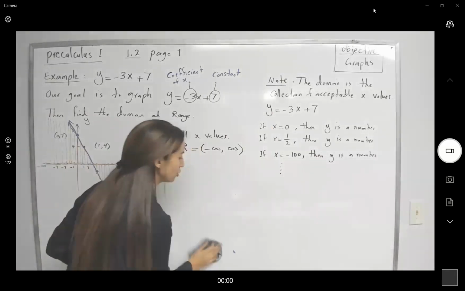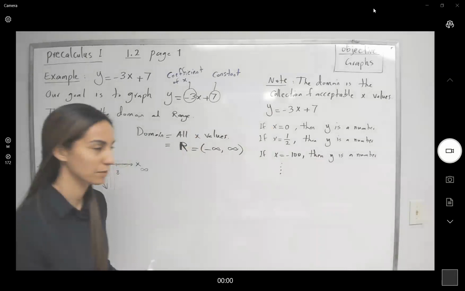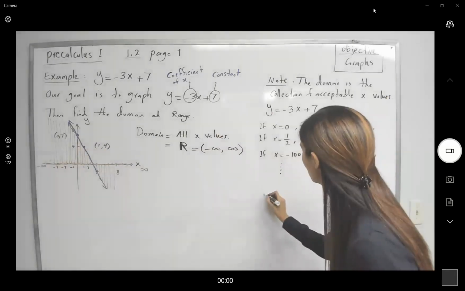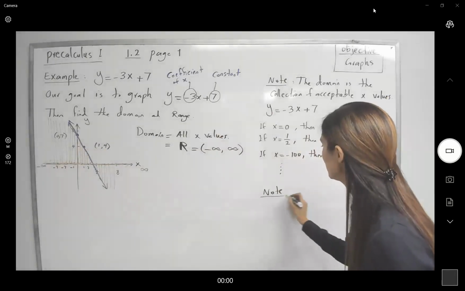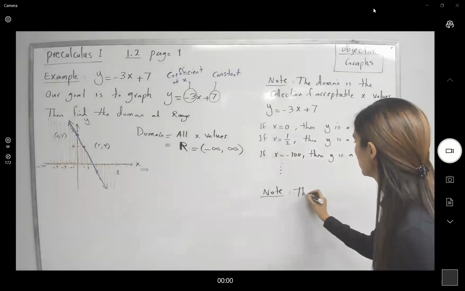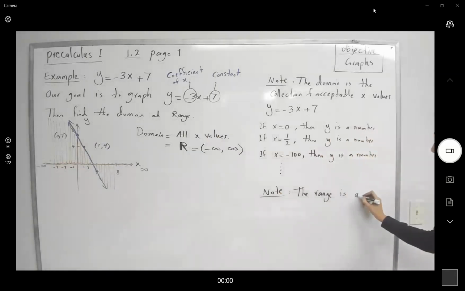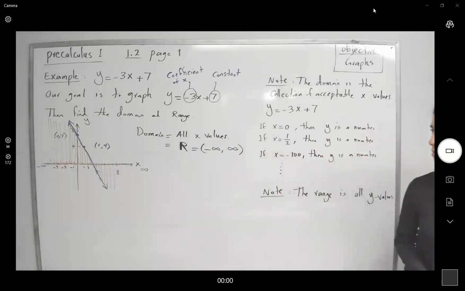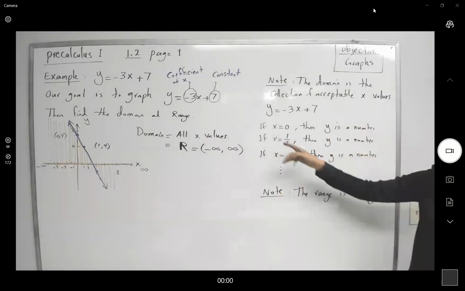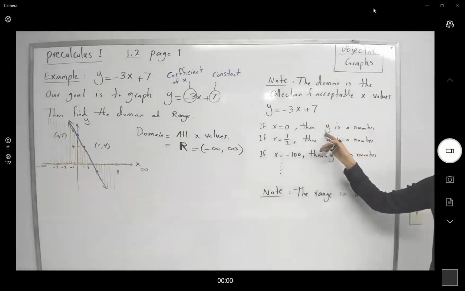So for the range is all y values. Okay, all y values. So my x is 0, y is a number.